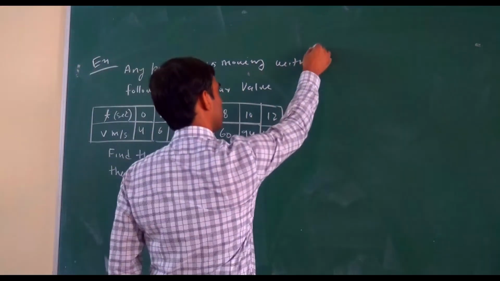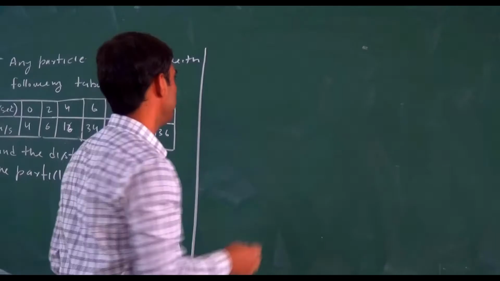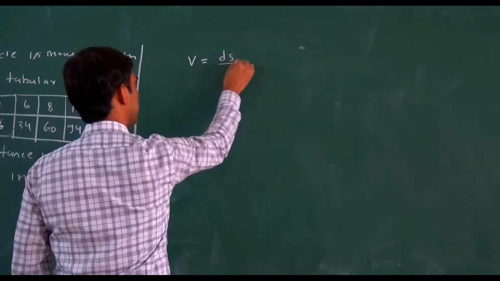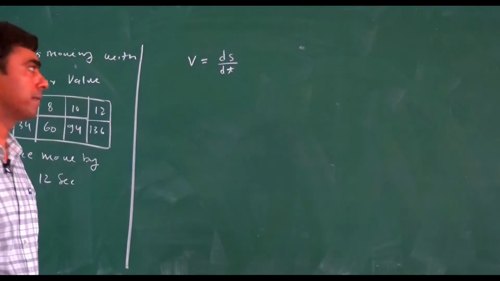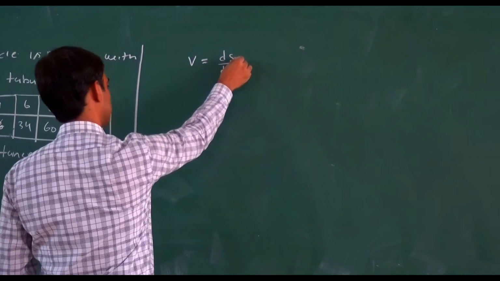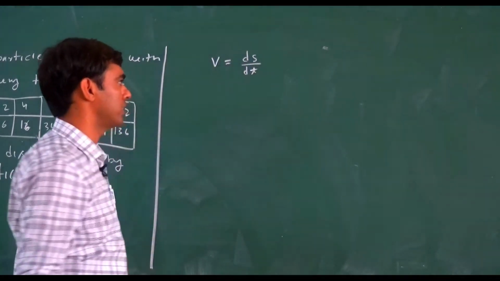So we know that v equals ds by dt. Here s represents the distance moved by the particle, t is the time, and v is the velocity.